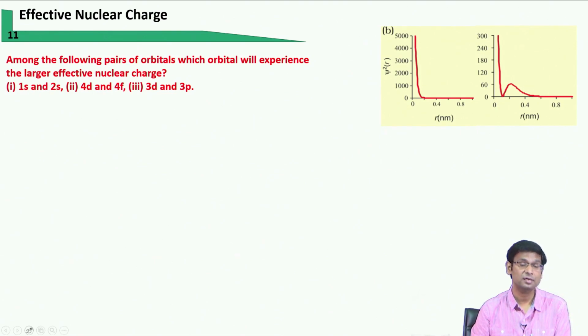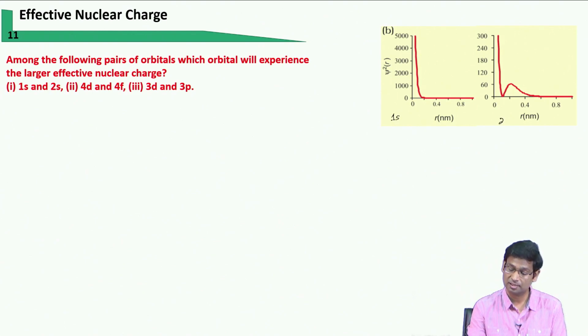This question concerns the effective nuclear charge. If you remember, we discussed this is the square of the wave function, or the probability distribution. This diagram corresponds to the 1s orbital, and this diagram corresponds to the 2s orbital of the hydrogen atom. What do we see here? The probability of finding the electron in the 1s orbital vanishes very quickly.